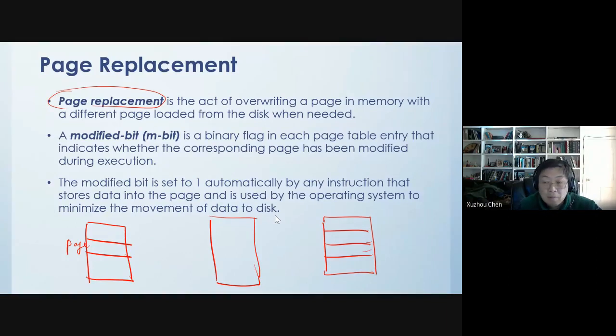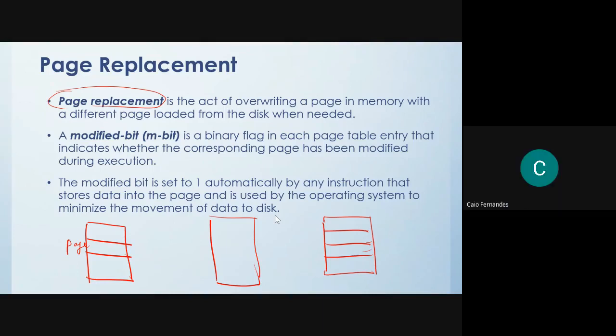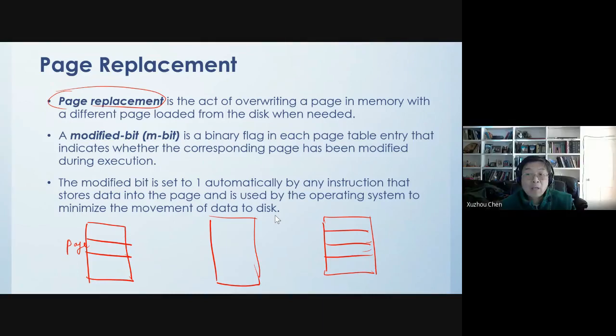Now what happens? You have to reload the page you threw away. There's going to be a page fault again, right? That's a page fault again. So you need to load the page that was thrown away back into the memory.